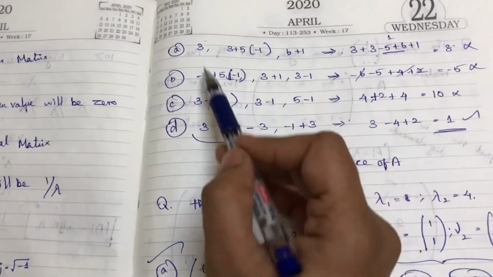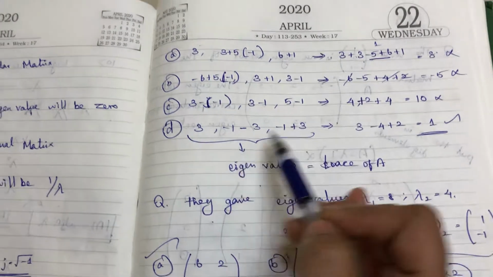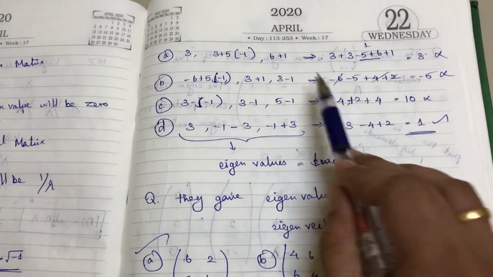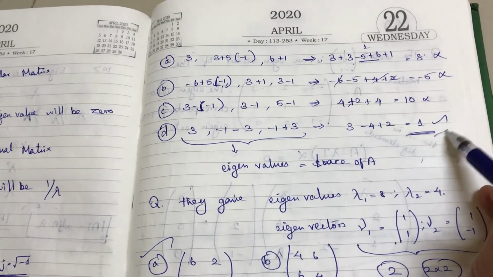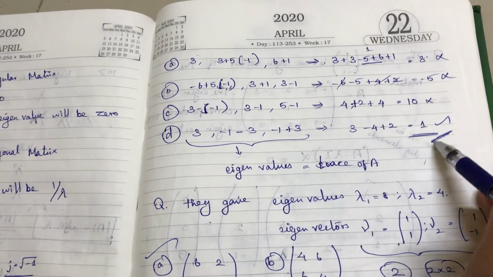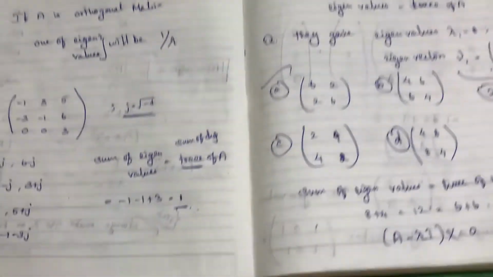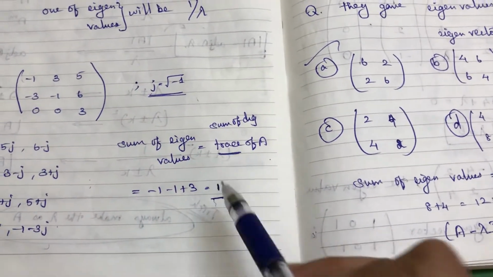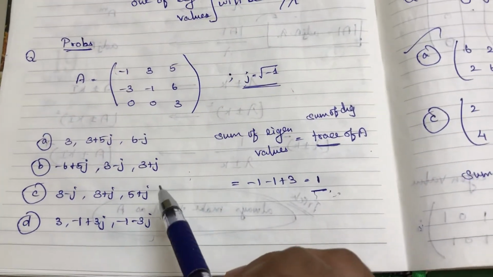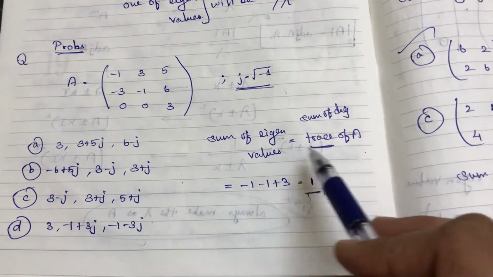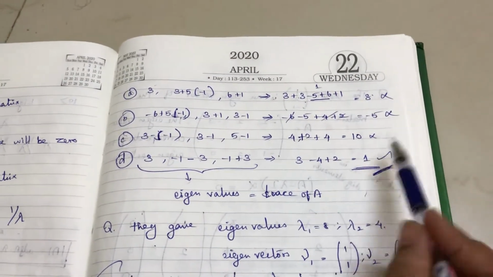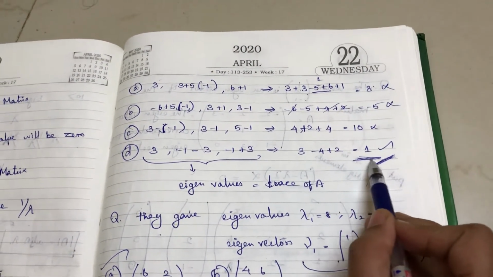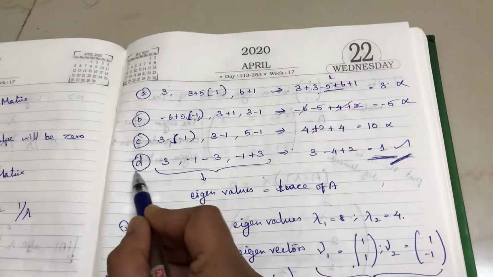So I'm just substituting the minus 1 values in the j and I will get the value here. Just add all those values, you will get a value here. When it comes to 1 it is the same as the trace. Why is that? These are the eigenvalues they have given. So sum of eigenvalues is equal to sum of diagonals, right? So sum of diagonals is 1 and we are adding and we just got 1. So D option is correct.